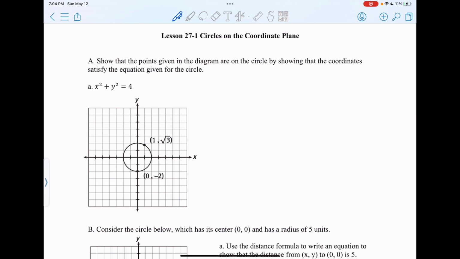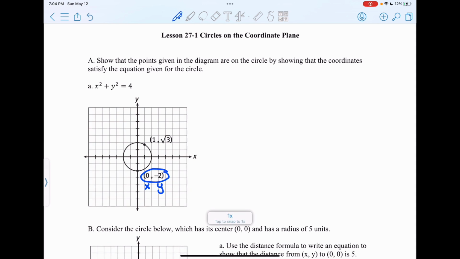So let's get started. In part A, it says, show that the points given in the diagram are on the circle by showing that the coordinates satisfy the equation given for the circle. So let's start with the point 0, -2. That is x and y, and I'm going to plug those values into this equation to show that that equation graphs the circle we see here.